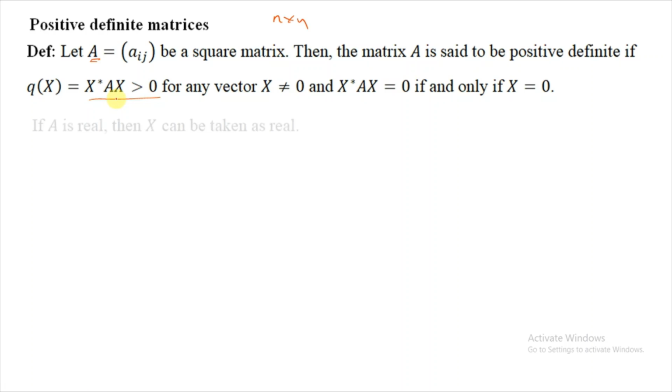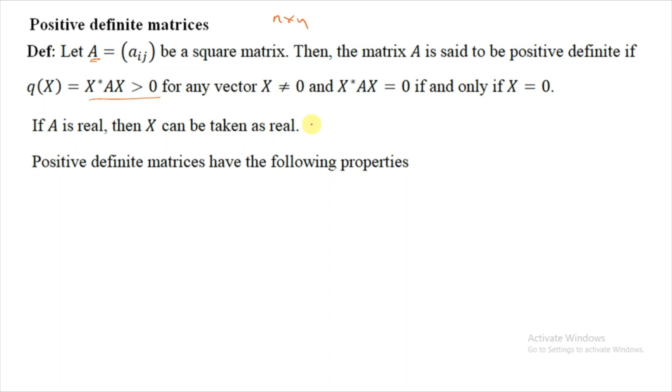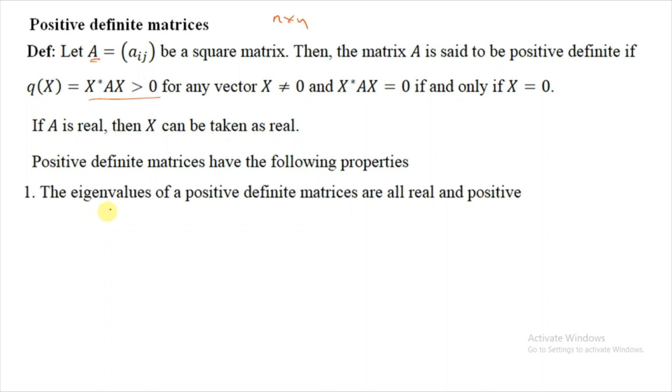If A is real, then x can be taken as real. This we always take real. Now, this is the positive definite matrices definition. Now, positive definite matrices have the following properties. First one, the eigenvalues of positive definite matrices are all real and positive.